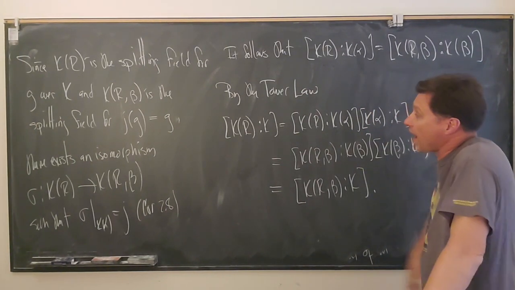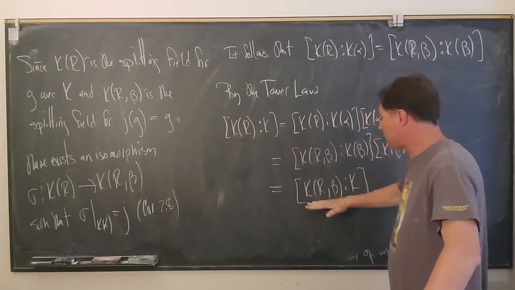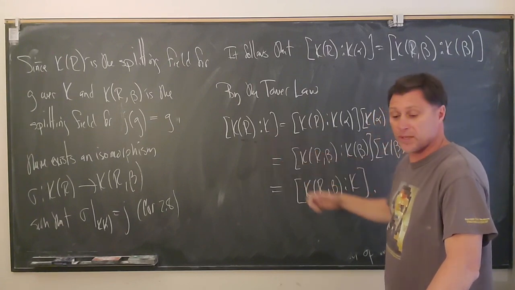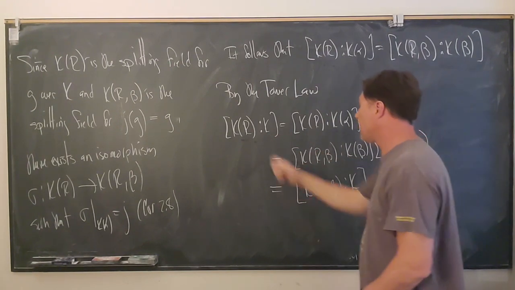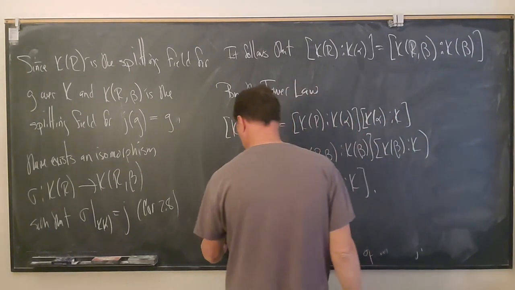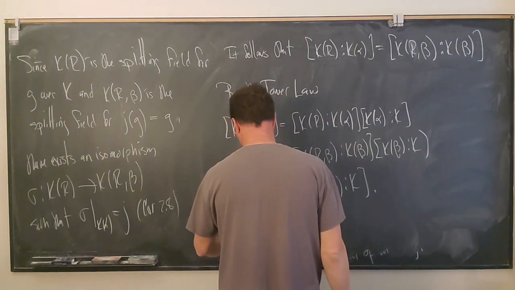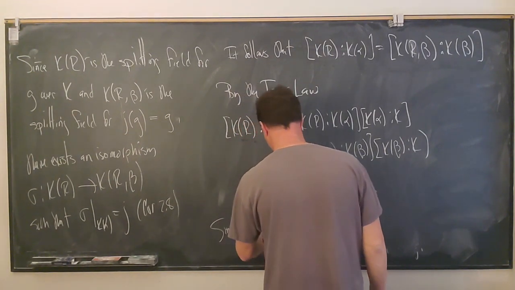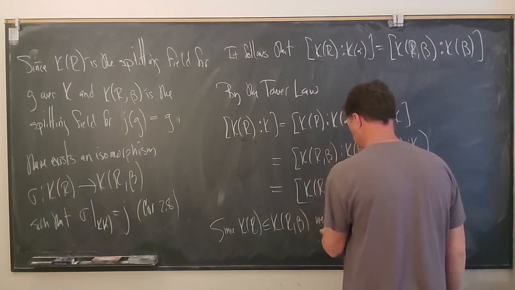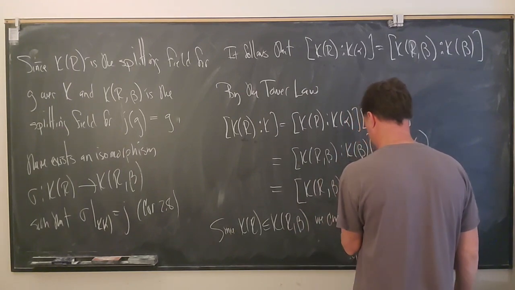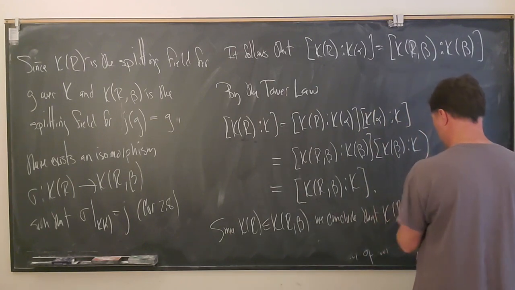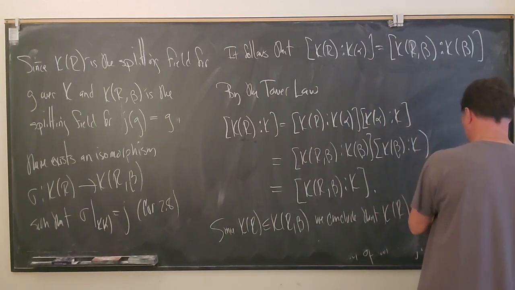So now what do we have? We have K adjoin R, we know, is a subspace of K adjoin R and beta. These have the same degree, which means they have the same dimension. And so since this is a subspace of this with same dimension, they have to be equal. So since K adjoin R is a subspace of K adjoin R and beta, we conclude that K adjoin R equals K adjoin R beta.